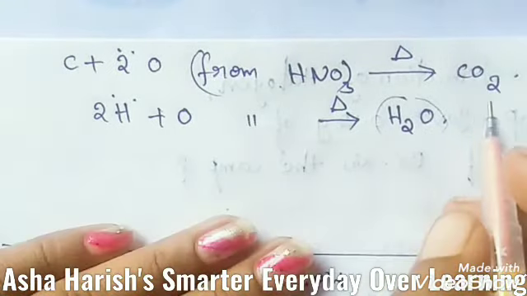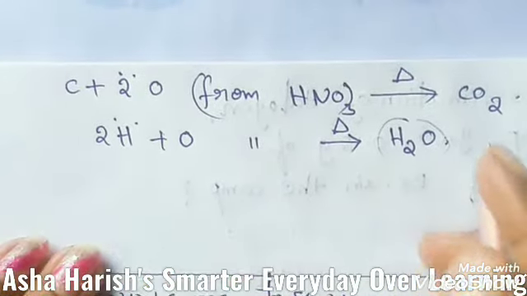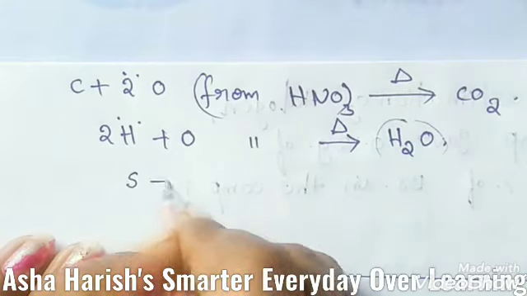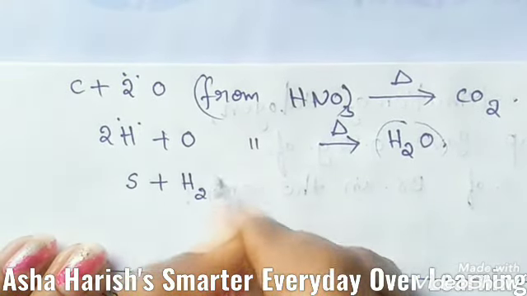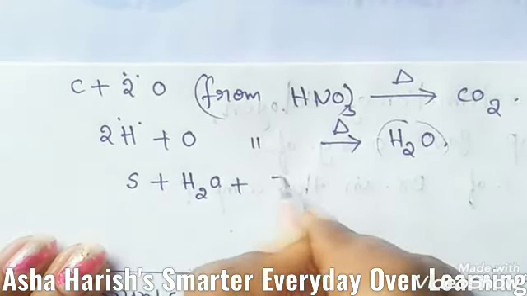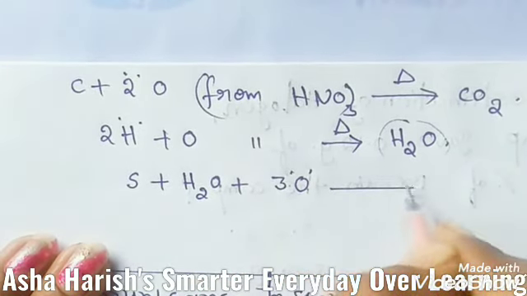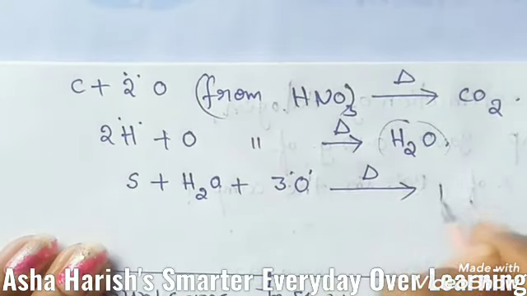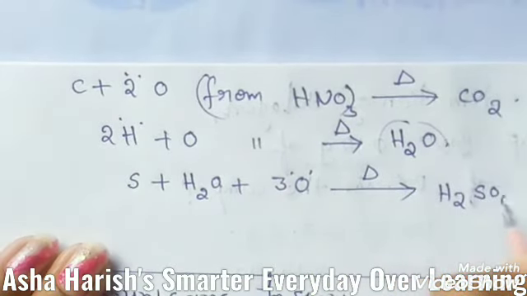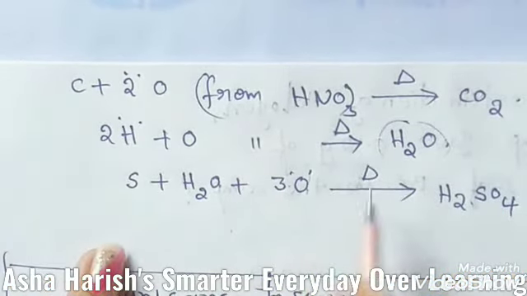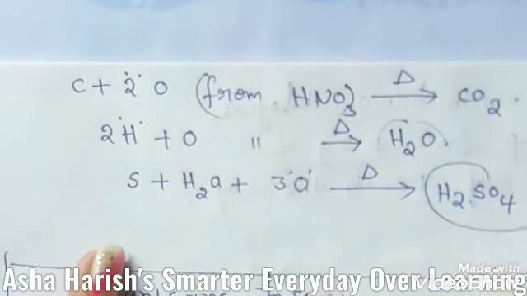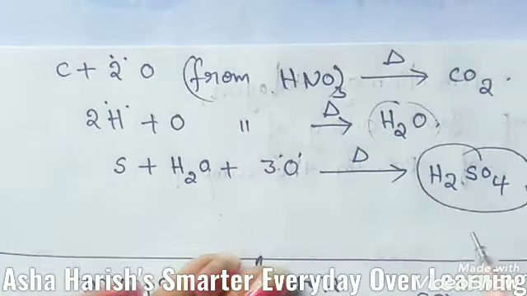Right, now in the next step, to sulfur, if you add water with 3 moles of oxygen, this is also from HNO3, then H2SO4 forms. This sulfur is oxidized into sulfuric acid, H2SO4.